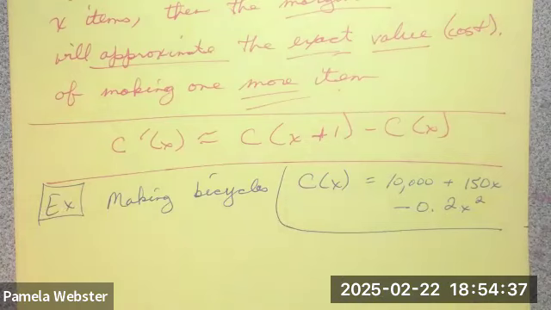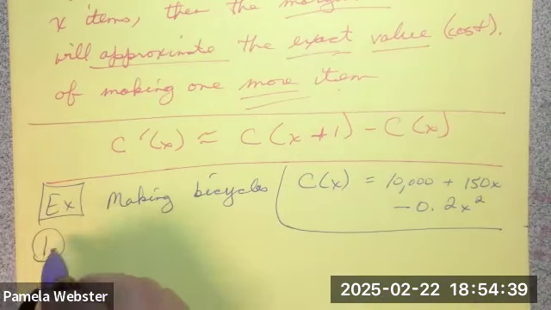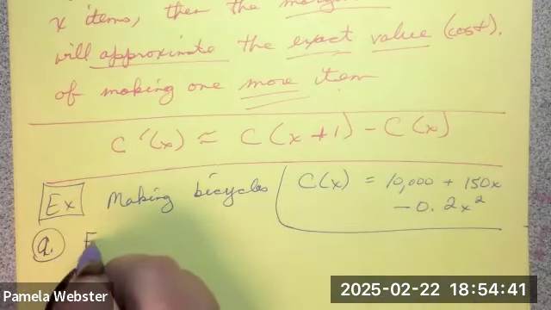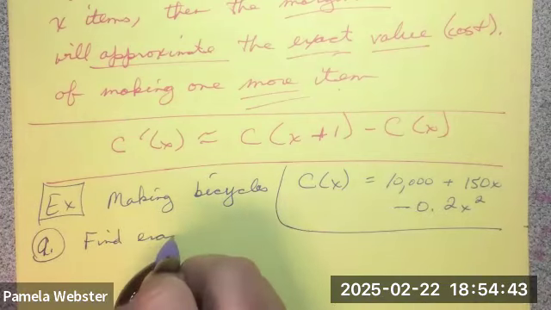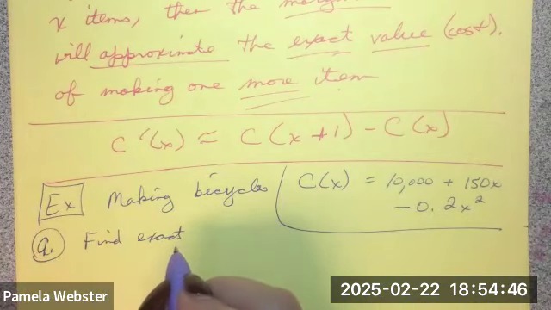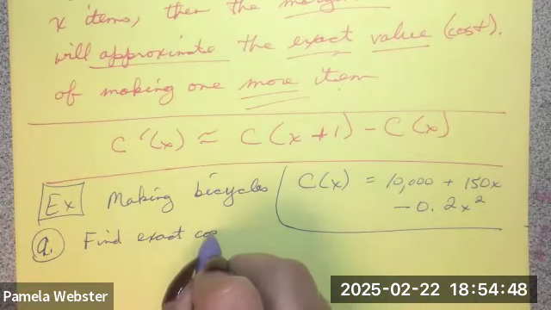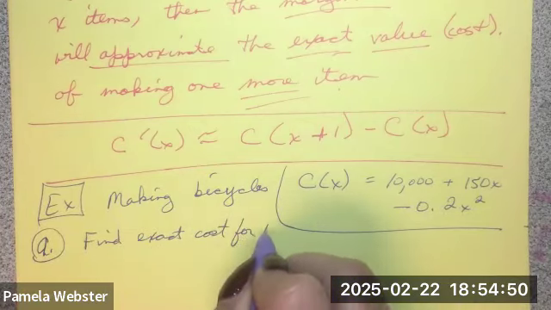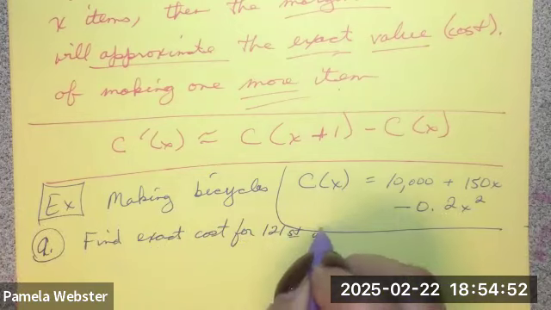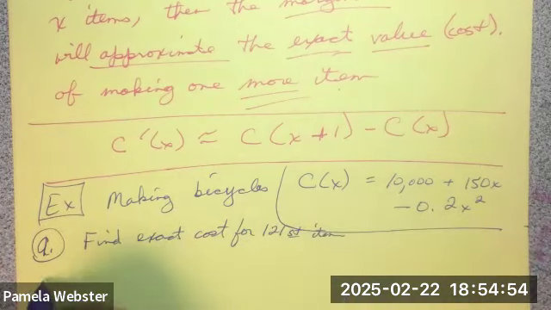And there's two parts. Part A is, find the exact cost for the 121st item, bicycle in this case.